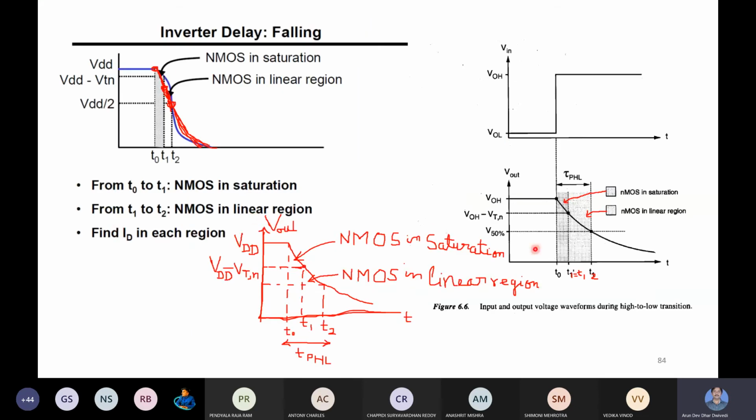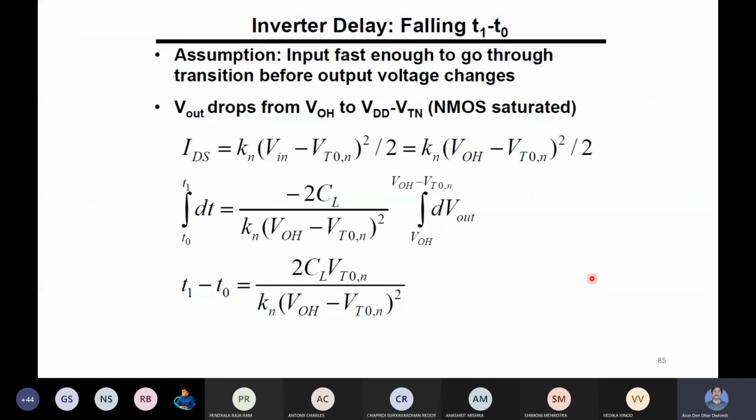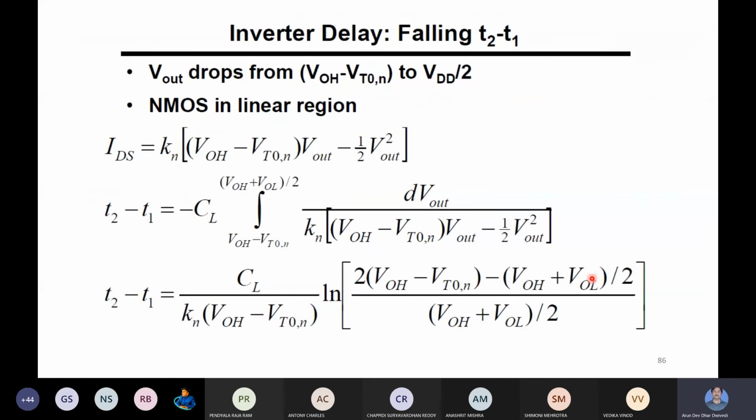Further, in the second part, integrating from T1 to T2, we get the second delay. In that case the NMOS transistor is in the linear region, so the linear region equation is Kn (VOH minus VT0n) V out minus half V out whole square. We put this in for the current, and the integral of dt from T1 to T2 gives T2 minus T1.